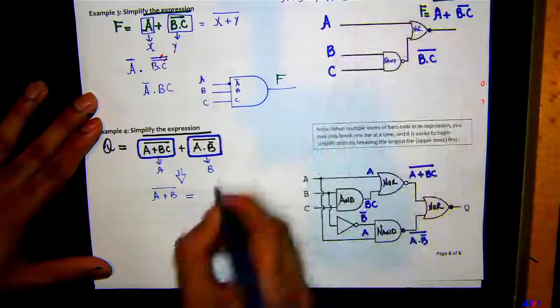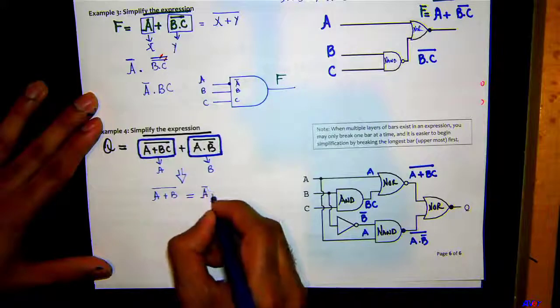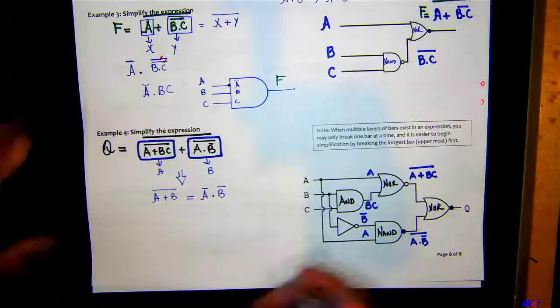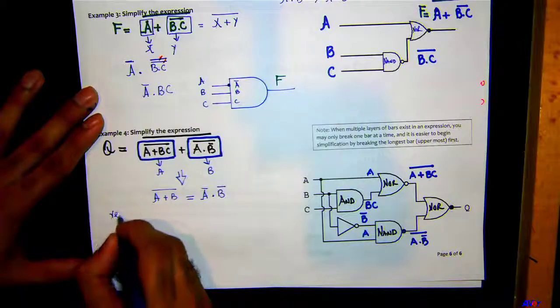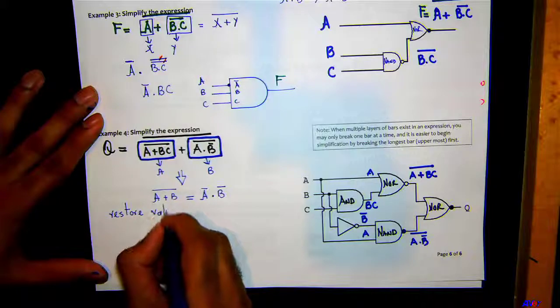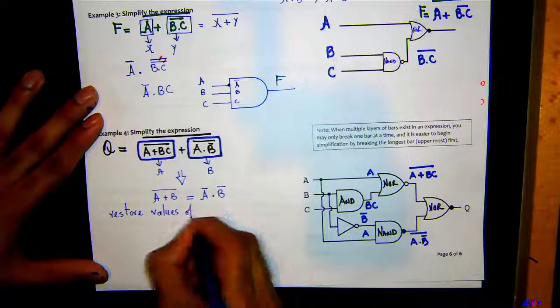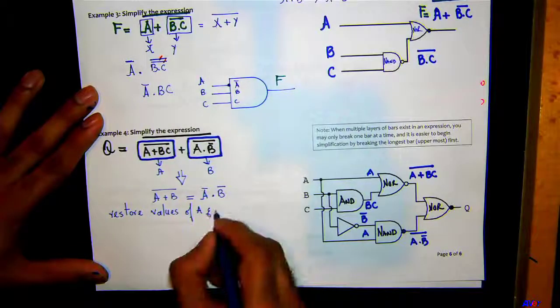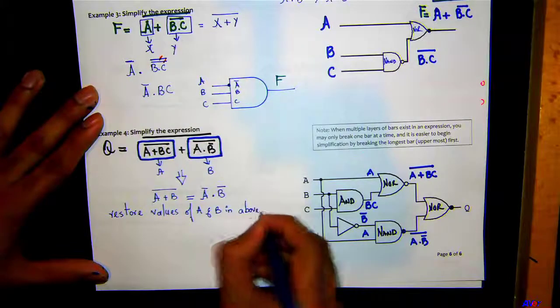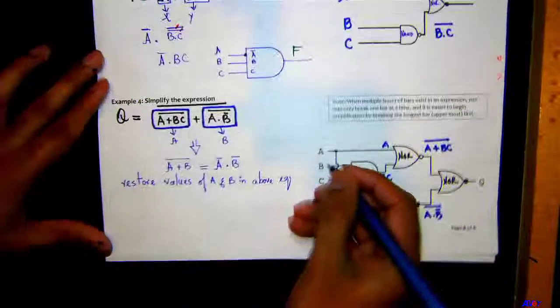A bar dot B bar, correct? Now I'm going to restore values for A and B in the above equation.